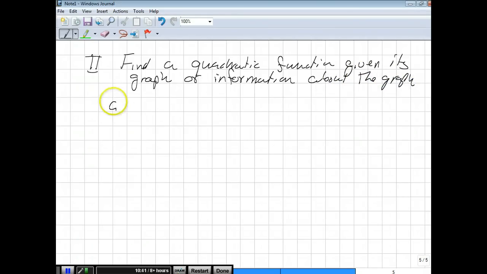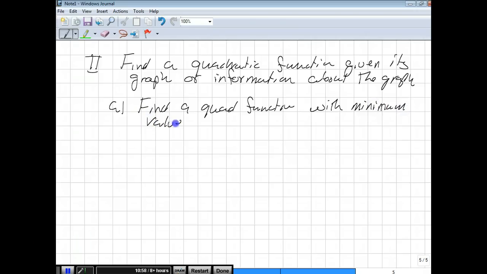Okay, so A, find a quadratic function with minimum value -1, whose graph has x-intercepts of 1 and 3.